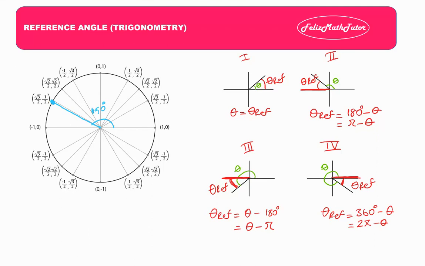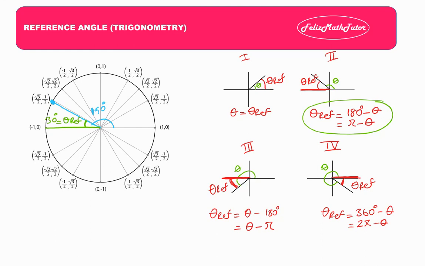We said we will use the closest x-axis, which is the green line. So this is our reference angle. What is my reference angle? When I calculate it, I will use that formula from here because we are in the second quadrant. When I subtract, 180 minus 150, I will get 30 degrees.